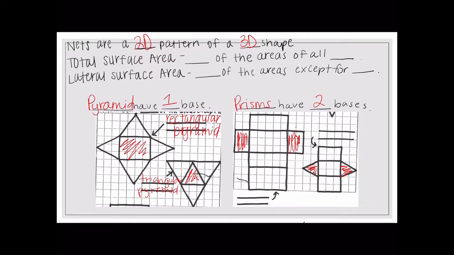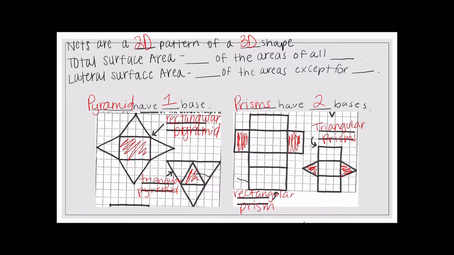And then the same thing on this side. So two bases we know is a prism. So this one is the triangular prism. And this one is the rectangular prism.